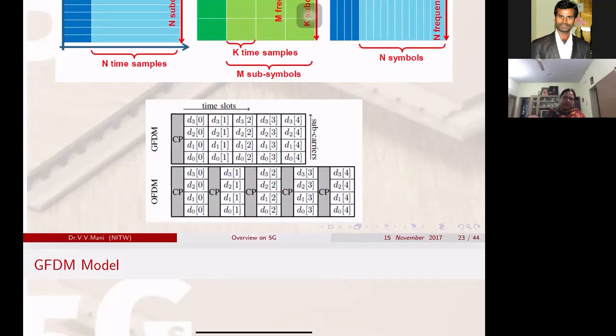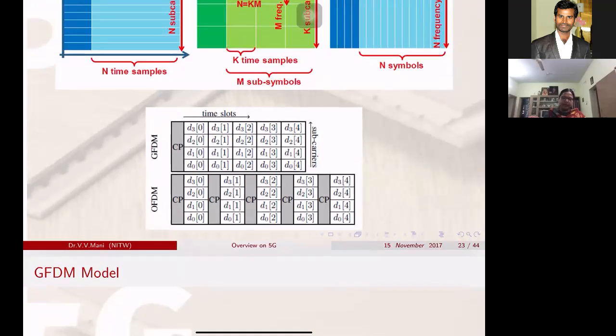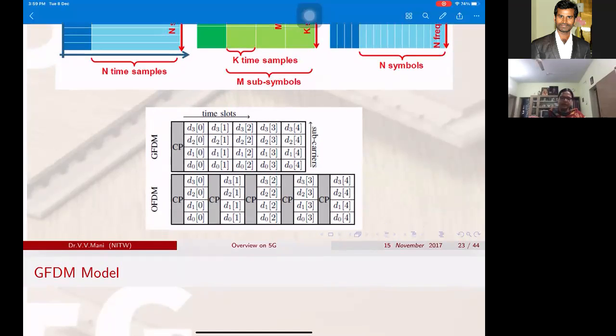On each time slot, the same data samples, but these time slots are generating different data symbols because at different time instances, the data symbols are also going to change, right? So all these data symbols are added with only one cyclic prefix. Whereas in OFDM, after the FFT block, as the data comes in, I add a cyclic prefix.